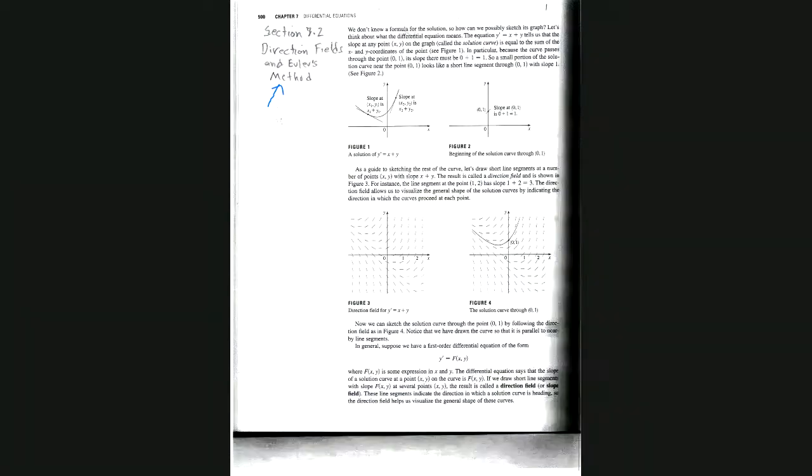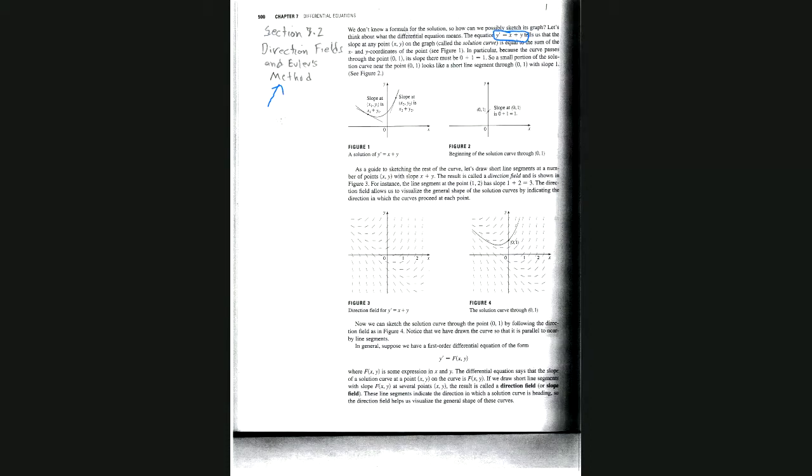So you see here, this is from the ebook, section 7.2, and we're dealing with the differential equation y prime equals x plus y. You're not going to learn how to solve that kind of differential equation in this course. But what do we know about our solution y?